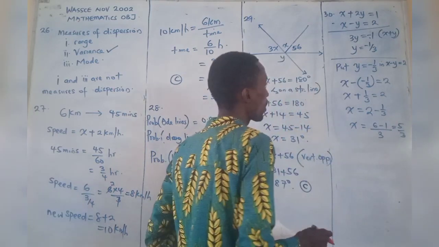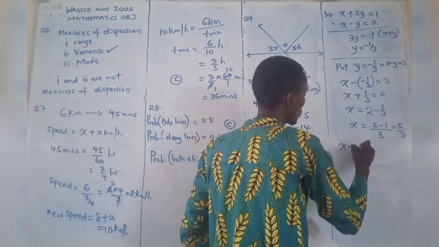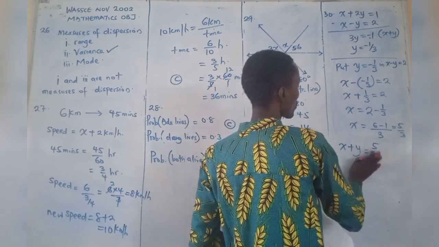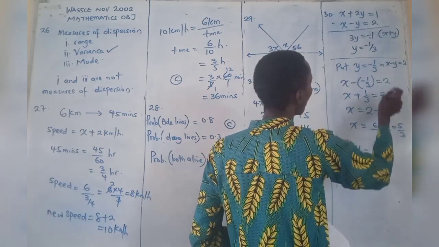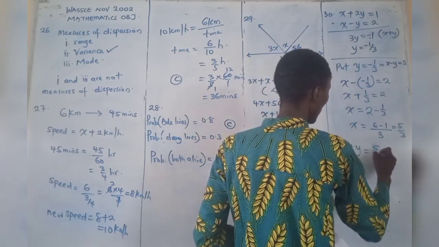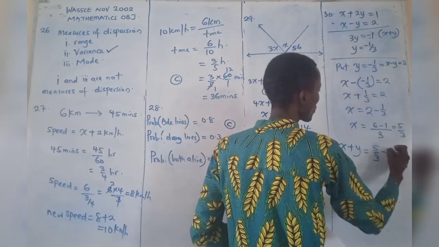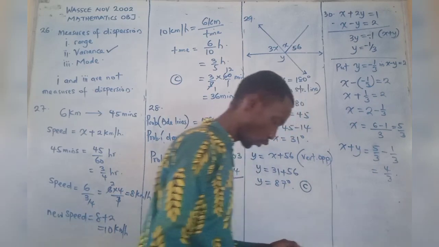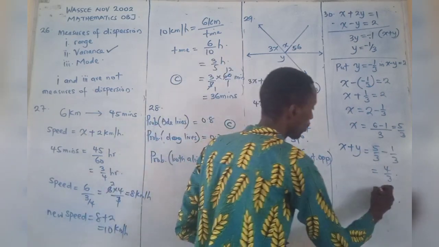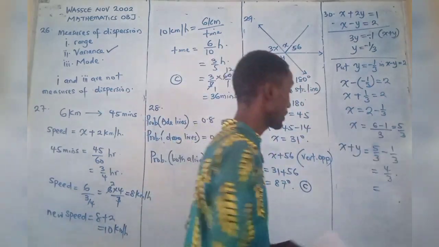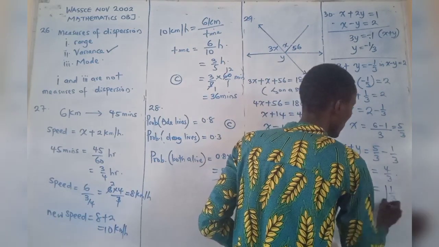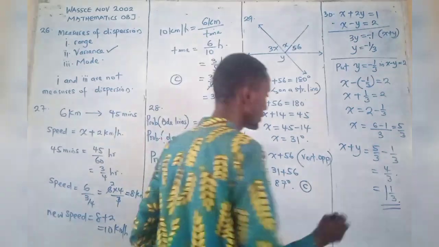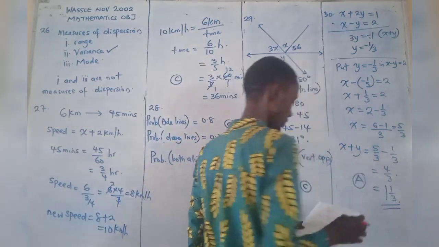You are told to find x plus y. That will be 5 over 3 minus 1 over 3, and that will be 4 over 3. So my answer will be 4 over 3, or as it is in this exam, 1 and 1 over 3. If you solve that in that exam correctly, your answer will be A.